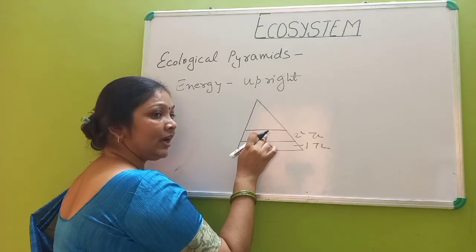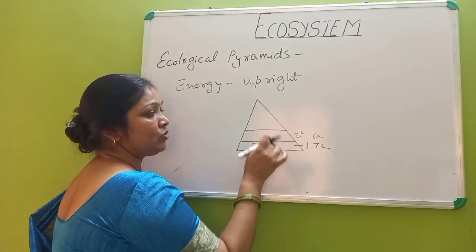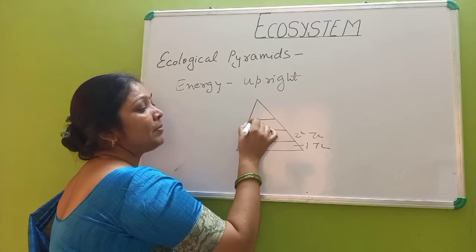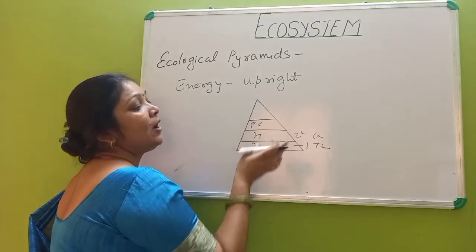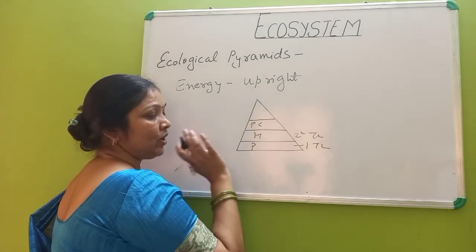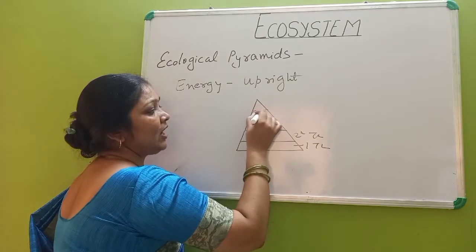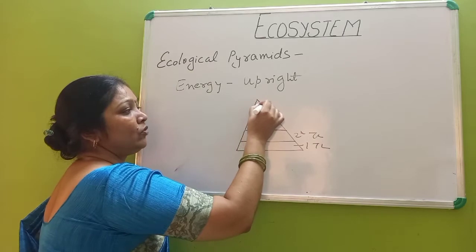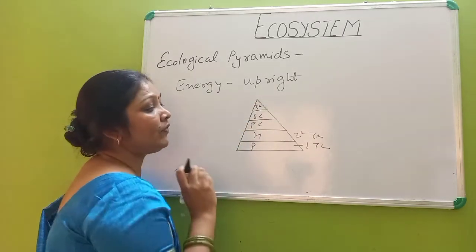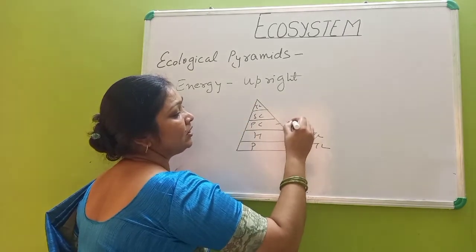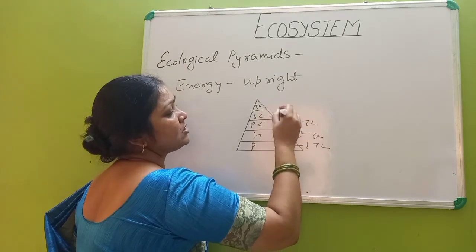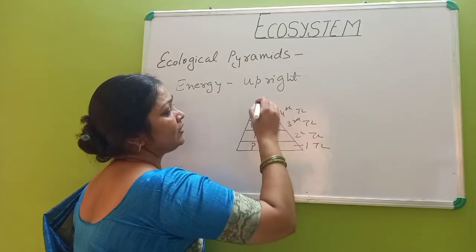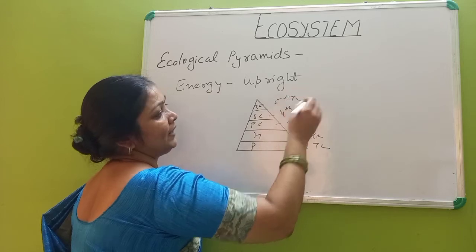Means herbivores get less energy in comparison to the producer, and then primary carnivores get less energy in comparison to herbivores, and then secondary carnivores get less energy, and then tertiary carnivores get a very little amount of energy. This is the third trophic level, this is the fourth trophic level, and this is the fifth trophic level.